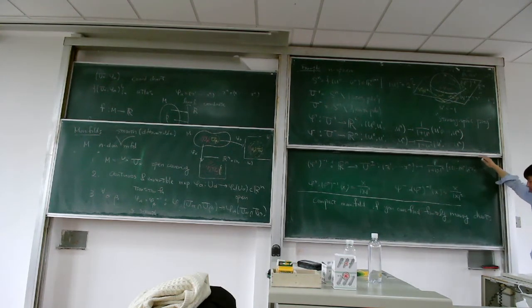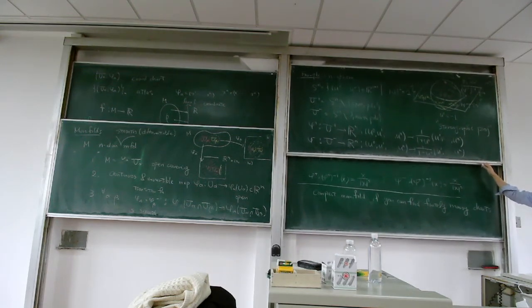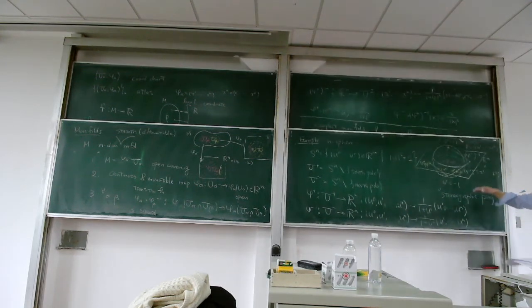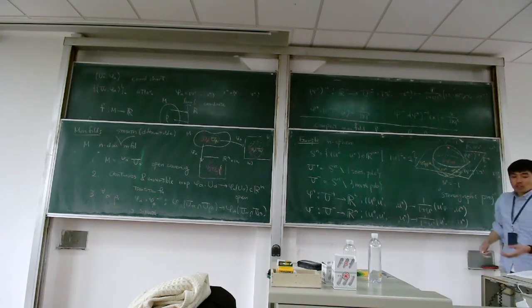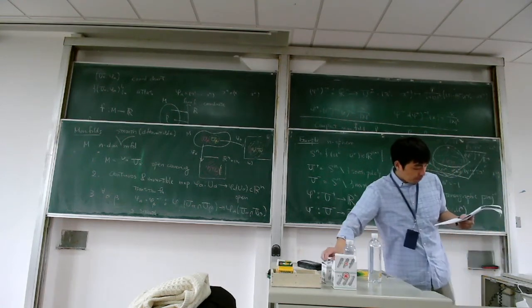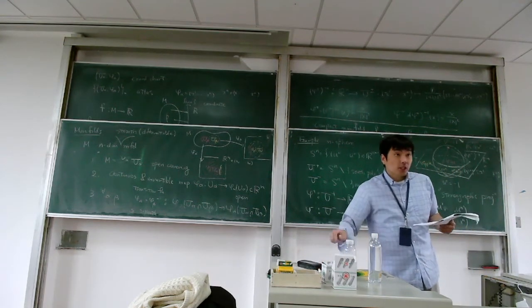So if it is finite, you can find finitely many charts. In this case, only 2 charts are needed. Okay, you need U plus and U minus to cover the whole sphere. So it's called a compact manifold. Any questions?